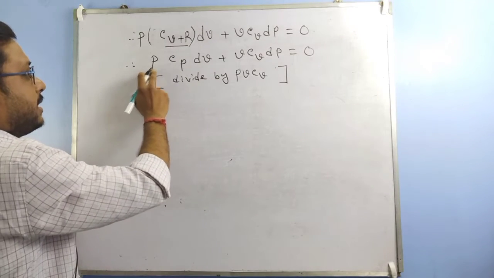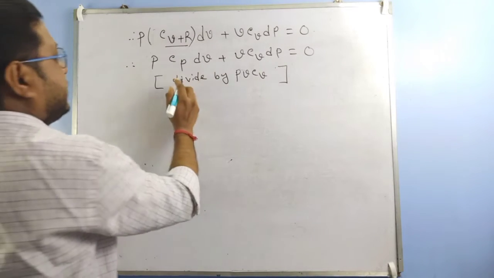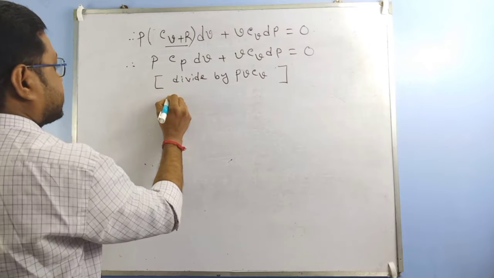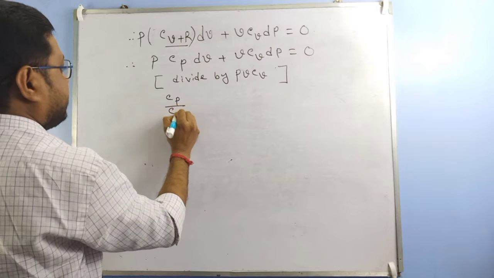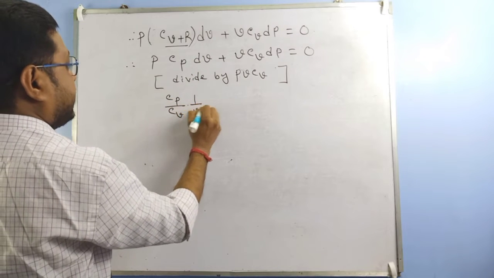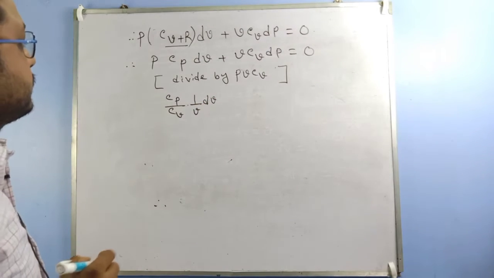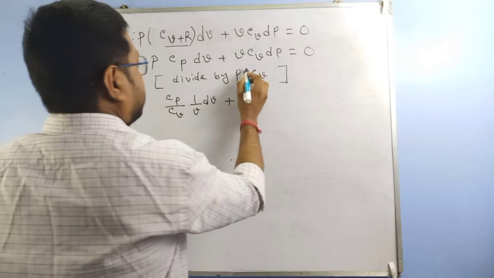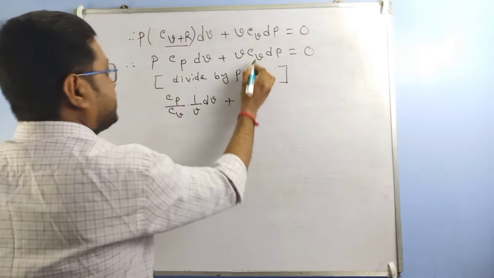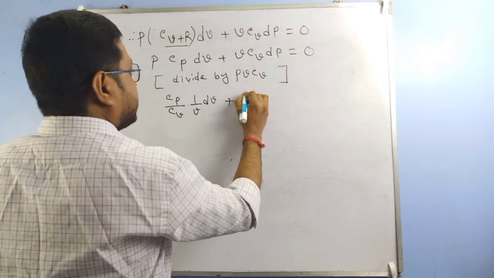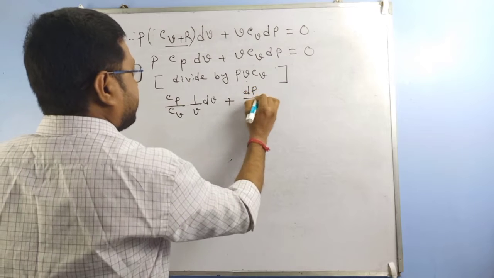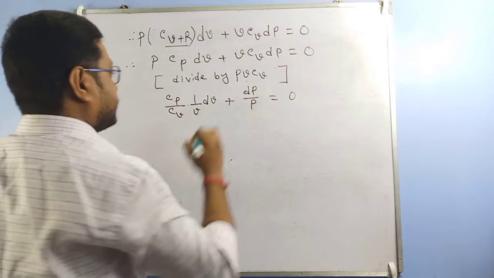If we divide it by PV/Cv, then it will be Cp/Cv into 1 by V dV plus dP, Cv cancels, P cancels, that is dP by P is equal to 0.